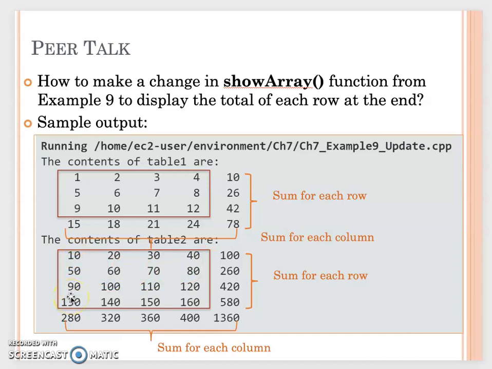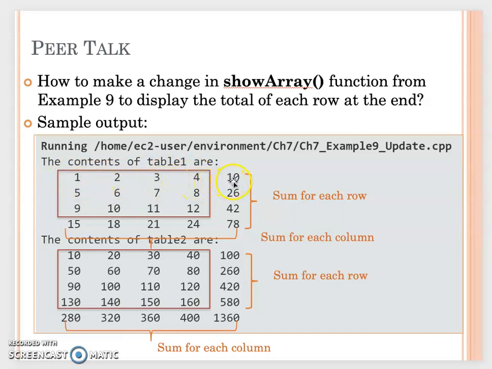Here we want to continue because sometimes we want to display the content of the two-dimensional array, but a lot of the time we also want the subtotal for each row. So how can we modify our show array function? I want to display the content of the two-dimensional array, and in each row, I have 1, 2, 3, 4 in the first row.